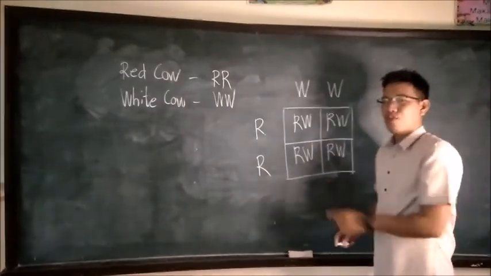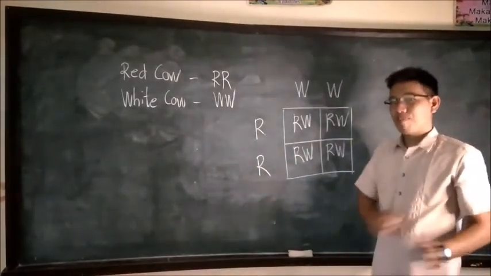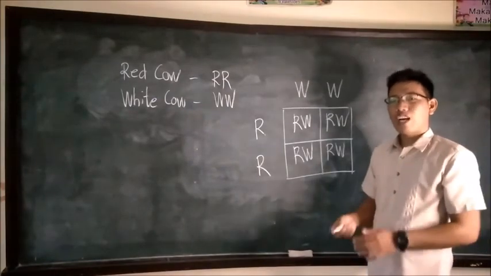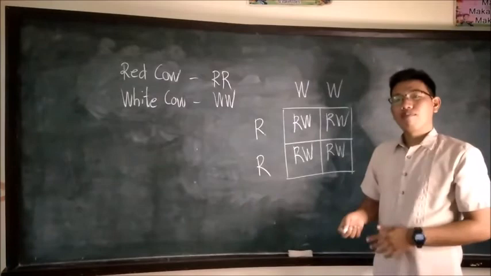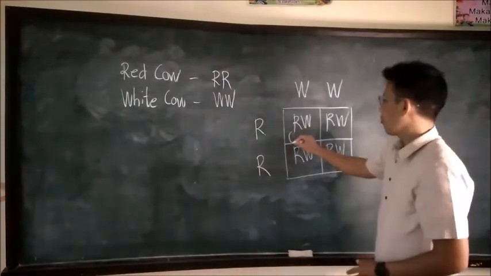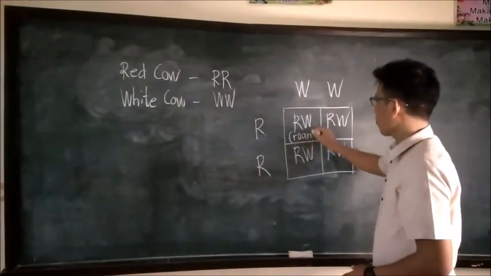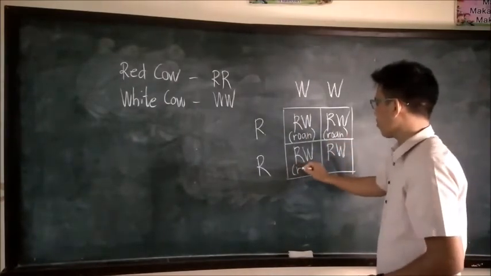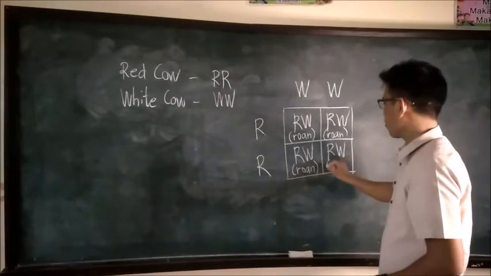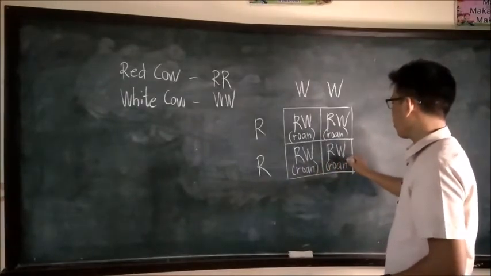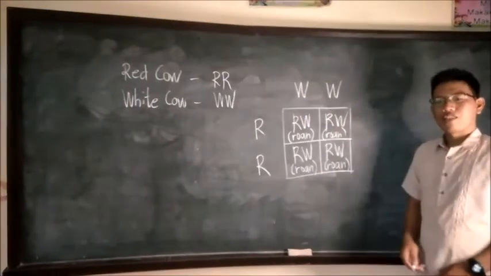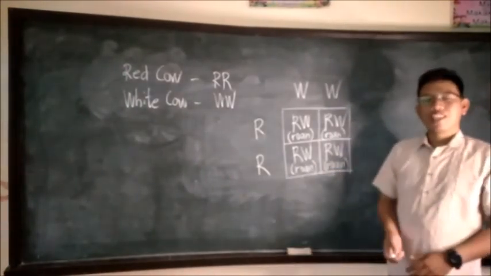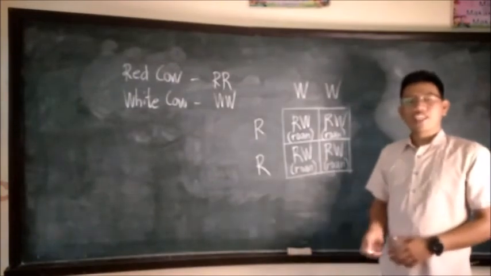RW in codominance is not pink. Instead, it is roan. So you will see a cow with white fur and red blotches. There you have it. So you already have a Punnett square showing the offsprings of a red cow and a white cow.